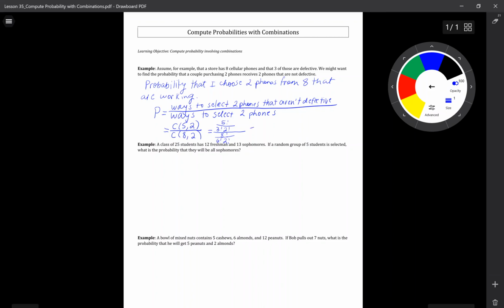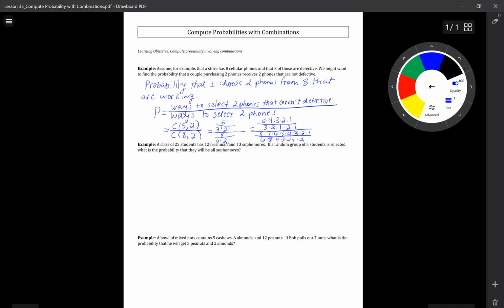Okay, well, simplifying this a little bit gives me 5, 4, 3, 2, 1 over 3, 2, 1 times 2 times 1, over 8 times 7, 6, 5, 4, 3, 2, 1 over 6, 5, 4, 3, 2, 1 times 2.